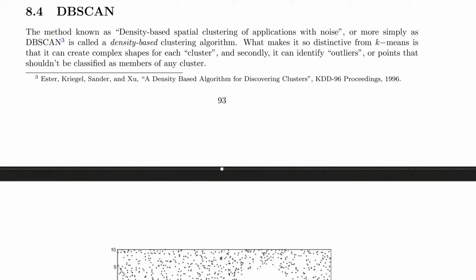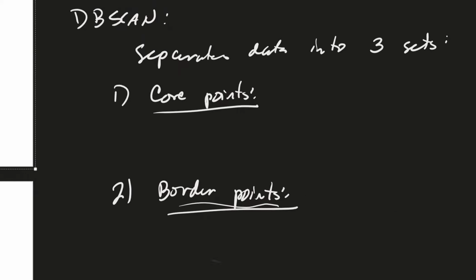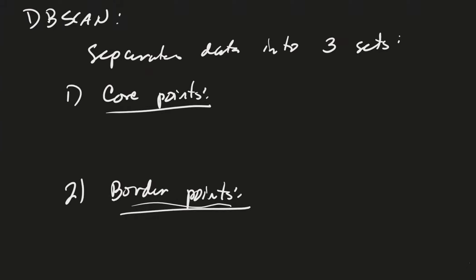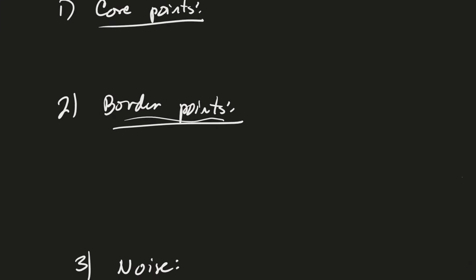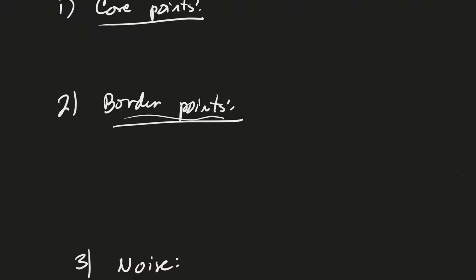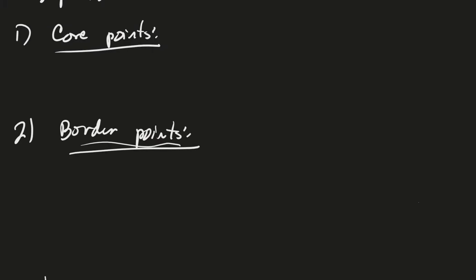The way this is going to work is DBSCAN is going to separate the data into three sets: core points, border points, and noise. So what is a core point?